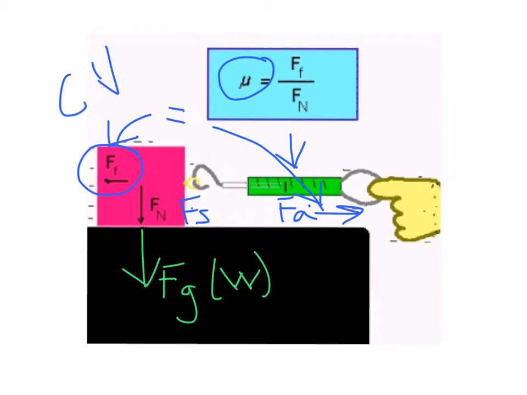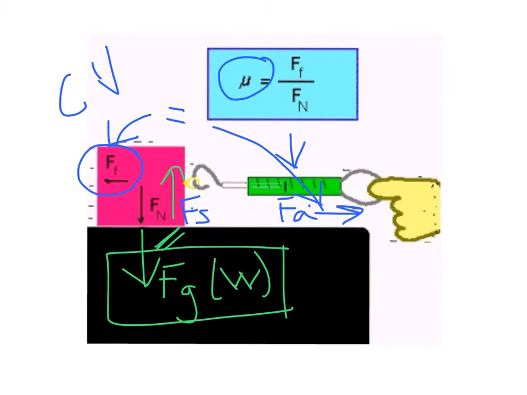So if you find the force of gravity or the weight pulling down, we know that the support force is equal and opposite to that. And so we can figure out what the normal force is by figuring out the weight of the object.